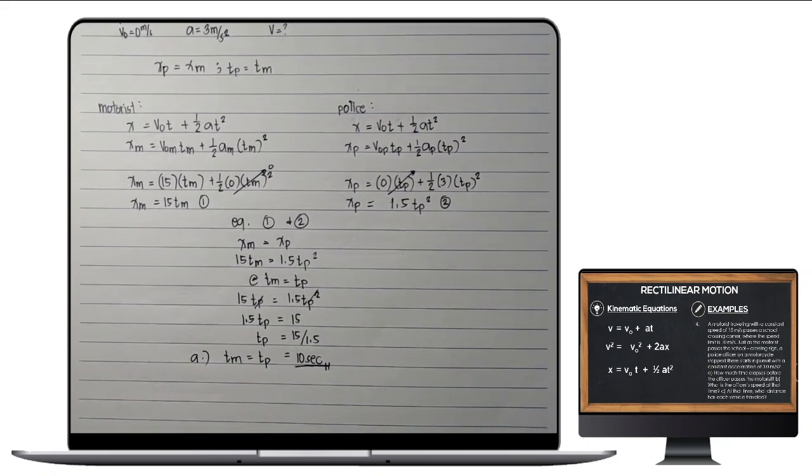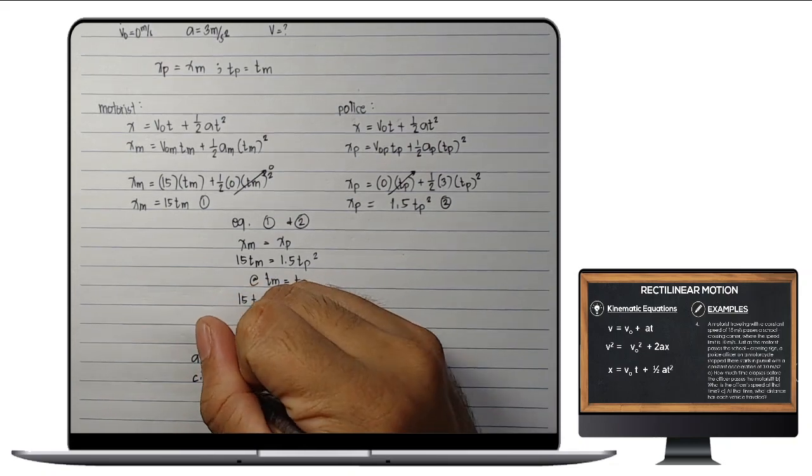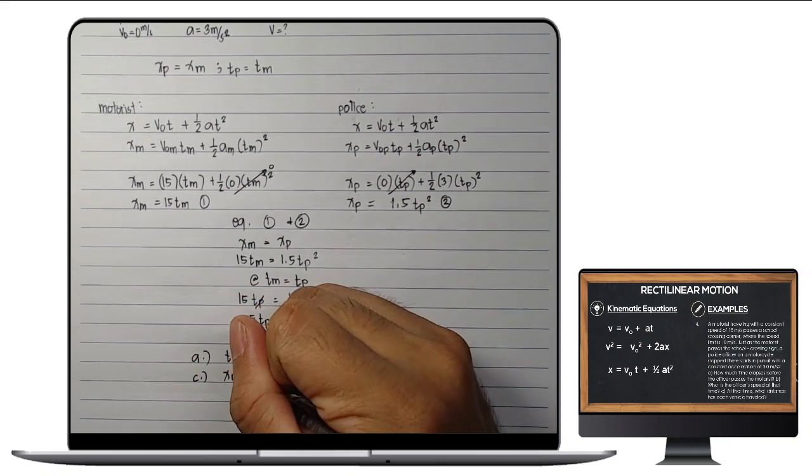For letter B, what is the speed of the officer at that time, and at that time what distance has each vehicle traveled? Obviously the distance traveled by both the motorist and the police will be the same. So I will solve first letter C, which is the x of the motorist.